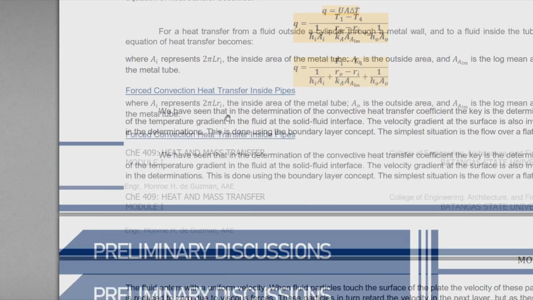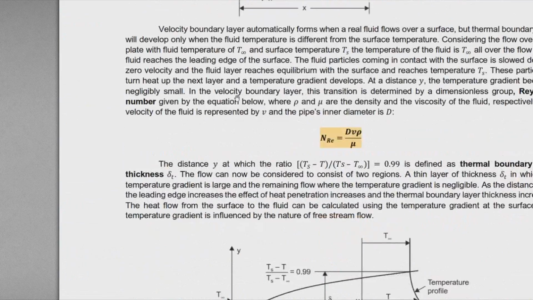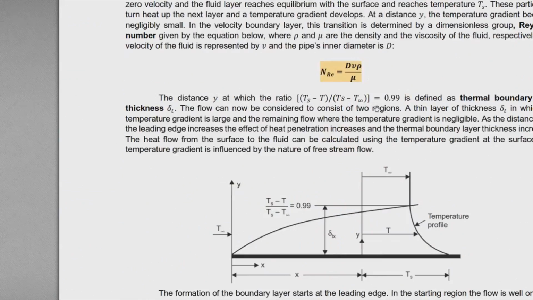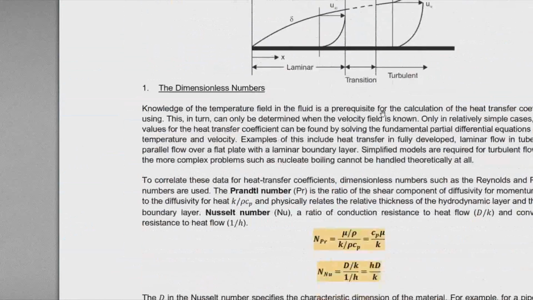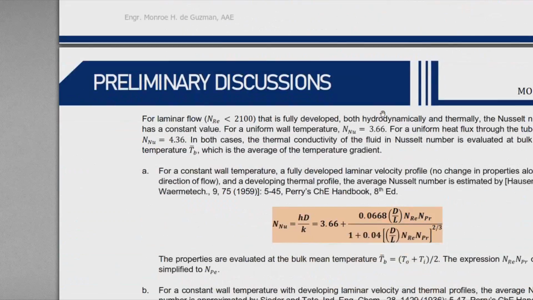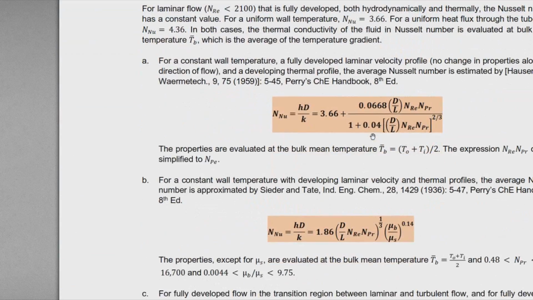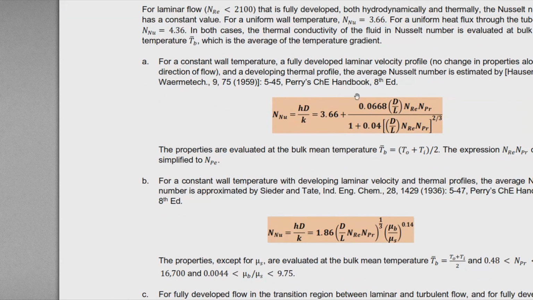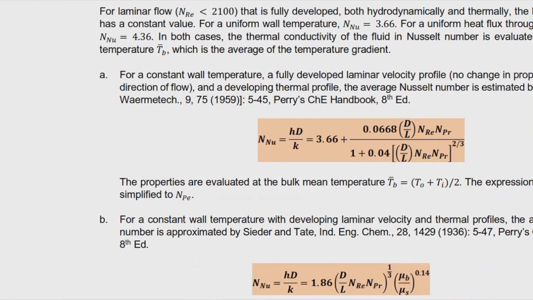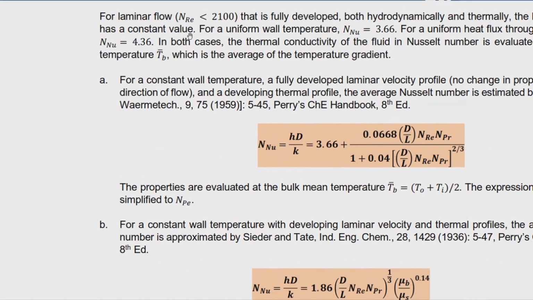I have here your module, and by the way, this is the boundary layer I was talking about. Let's have some overview of the equations. The one in red is what appears in your Paris handbook, and red means you don't have to memorize it since it's already in the handbook.